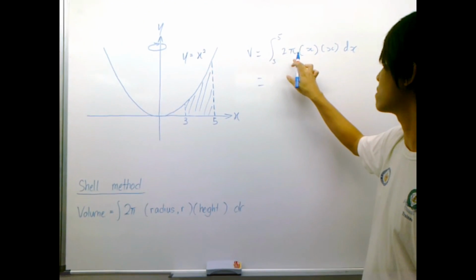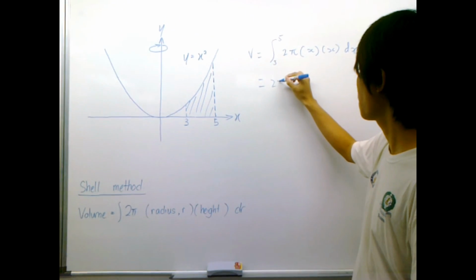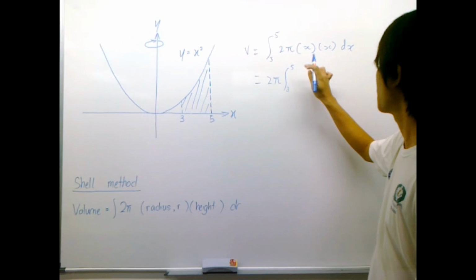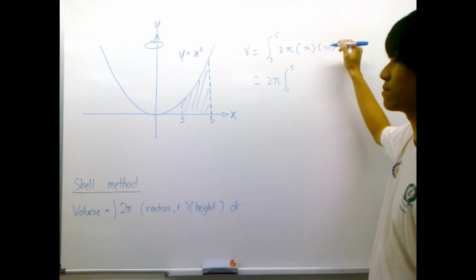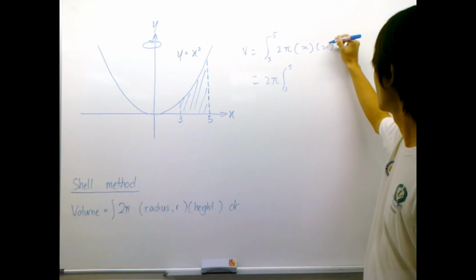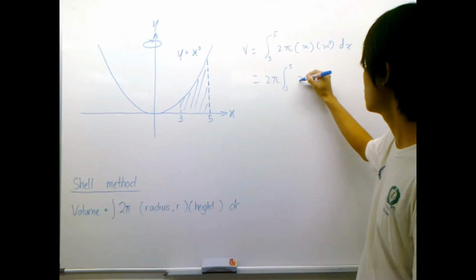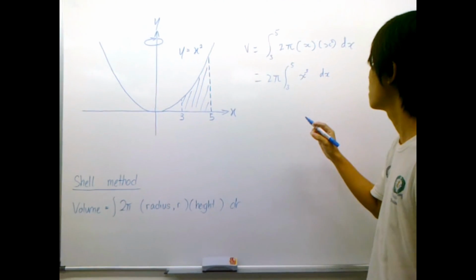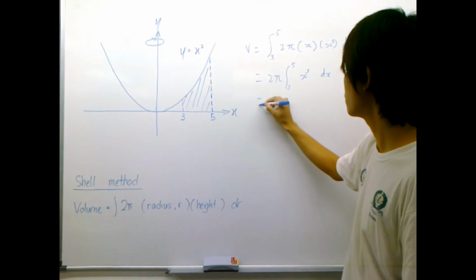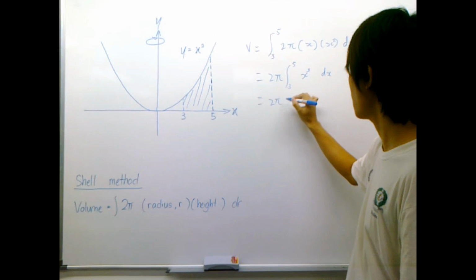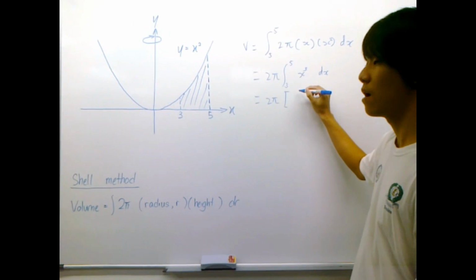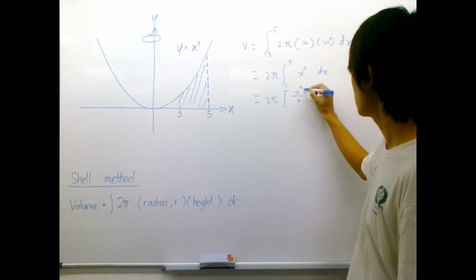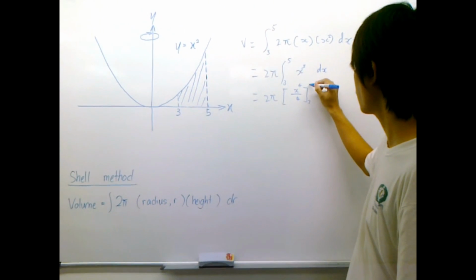Since 2 pi is a constant, we can take it out. Multiply this in. I'm sorry, this was supposed to be an x squared. Multiply this in, you get an x cubed dx. Now we integrate this, which is 2 pi times x to the power of 4 over 4, from 3 to 5.